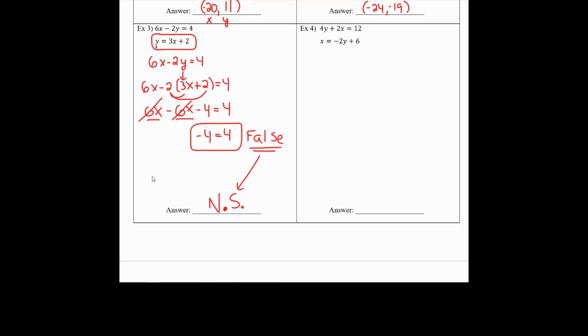In other words, if I was to graph this system, you will get two lines that are parallel. Okay, that's what it means. All right, let's go to the next problem.